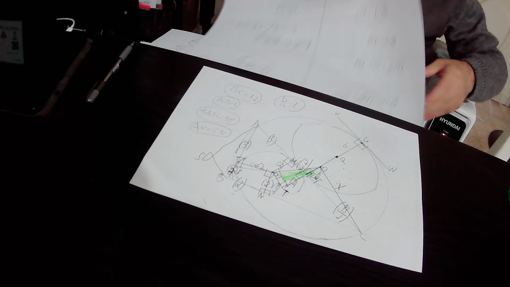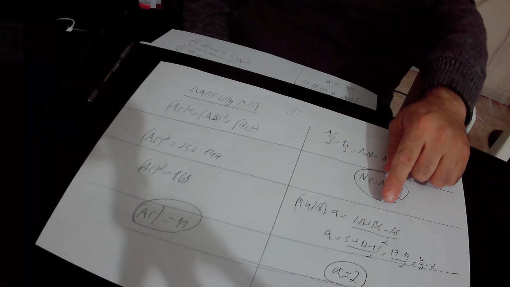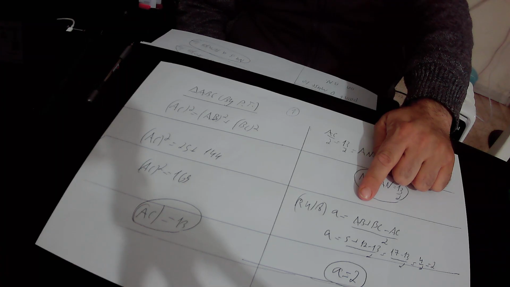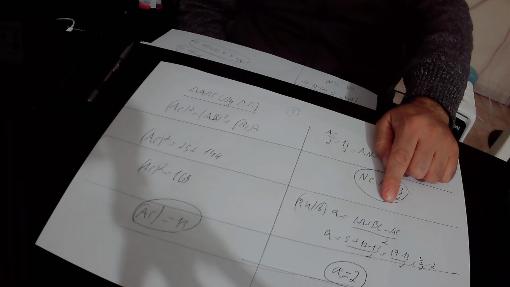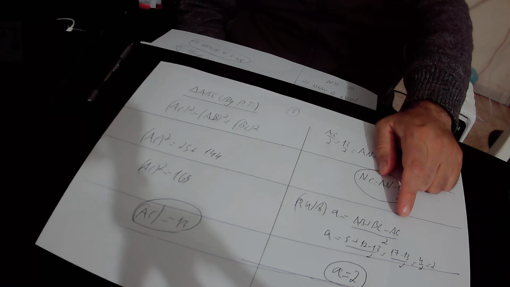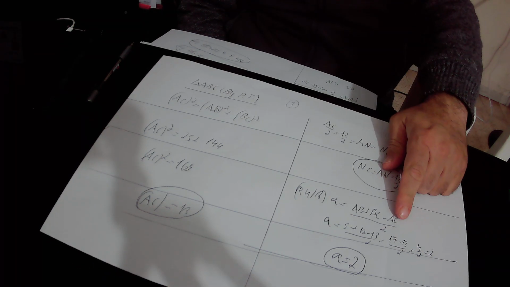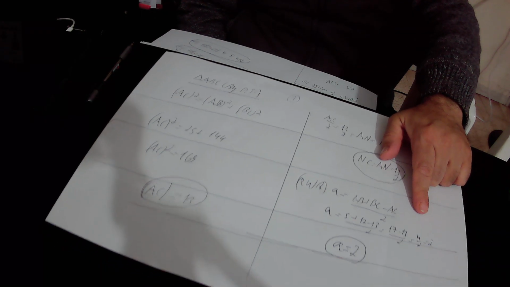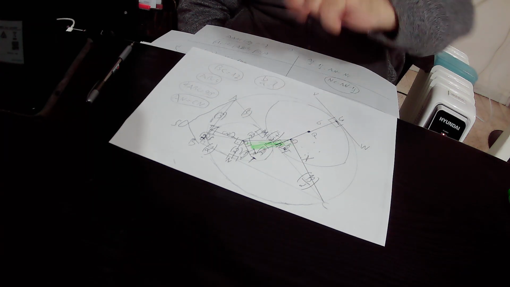Repeat again, according to rule number 8, the value of R will be equal to AB plus BC minus AC over 2. AB is 5, BC is 12, and the hypotenuse AC is 13. 5 plus 12 is 17. 17 minus 13 is 4, and 4 over 2 is 2. So the radius R of this circle equals 2 units.